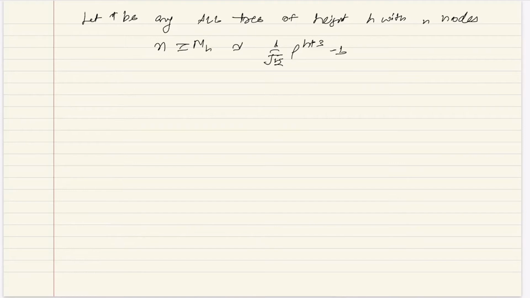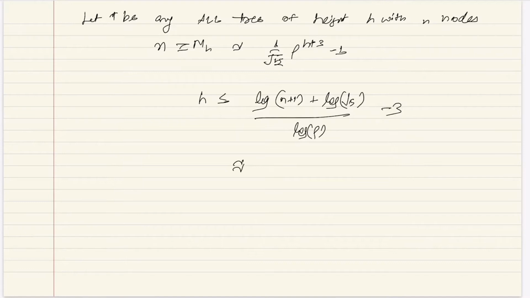Okay, and if you try to solve this, you will get h less than or equal to log of n plus 1 plus log root 5, divided by log rho, minus 3, and this is close to log n by log rho, which will be close to 1 by 1.44 log n, right? So that means h is bounded by a constant factor times log n.